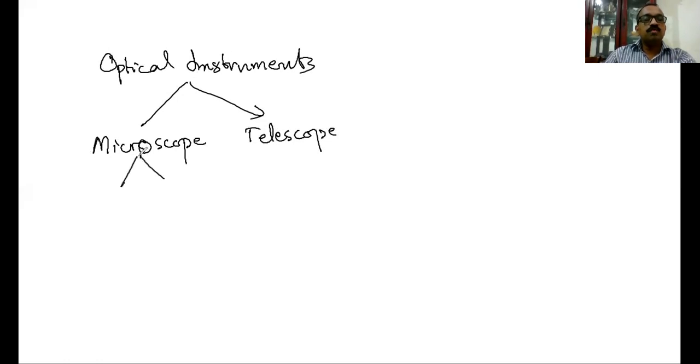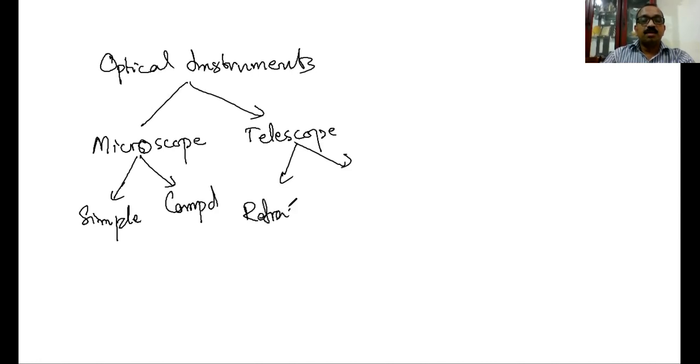The microscope we can further divide into two types we learn: simple microscope and compound microscope. Even telescope also has two types: refracting type of telescope, and reflecting type of telescope.